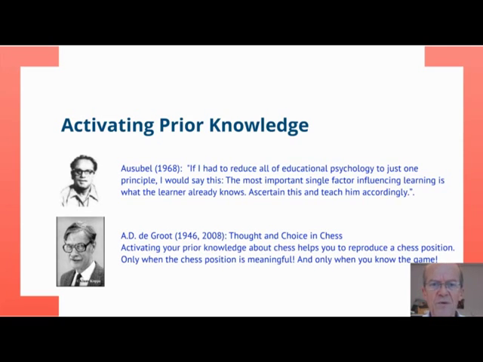It's an example based on the research by Adriaan de Groot, one of the most important Dutch educational psychologists, who studied the way master chess players and novice chess players operate and think in a chess match.